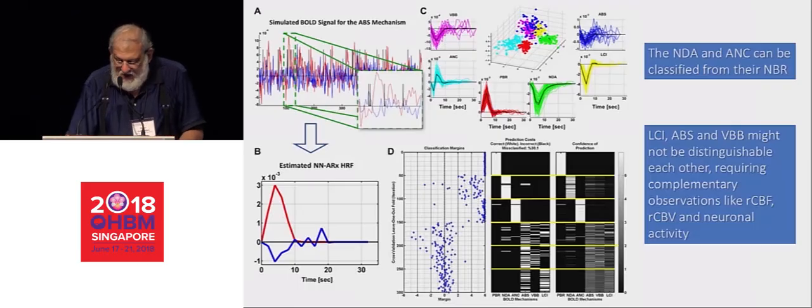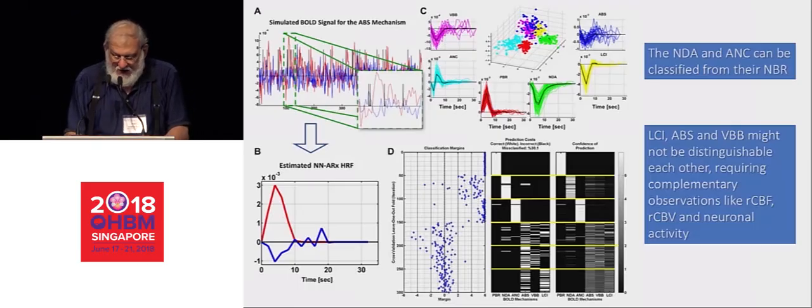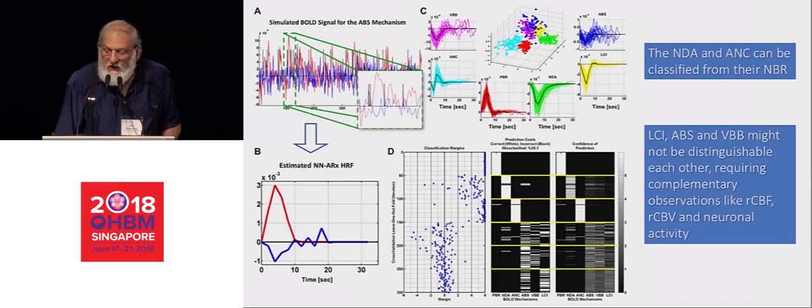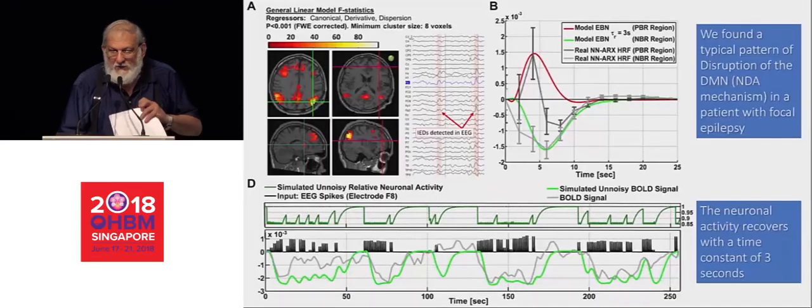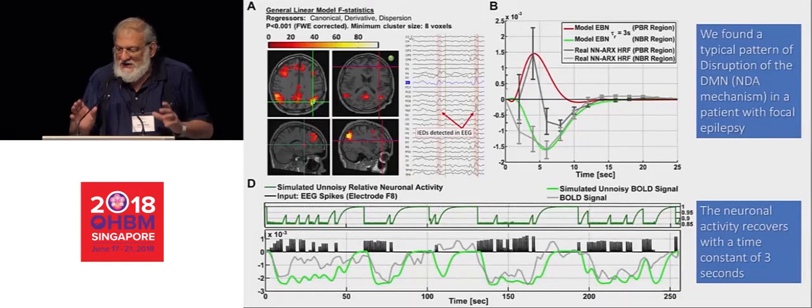It is to be noticed that the neural dysregulation and also the lack of coupling are well distinguished, but the lateral chiasmal inhibition, the blood stealing and the blood back pressure are not that well distinguished. So already from the characteristics of the model, we have an idea of where we're going to get a good or a bad discrimination.